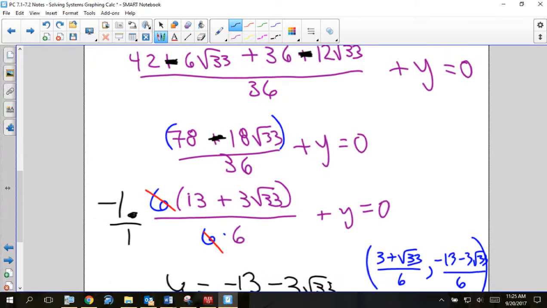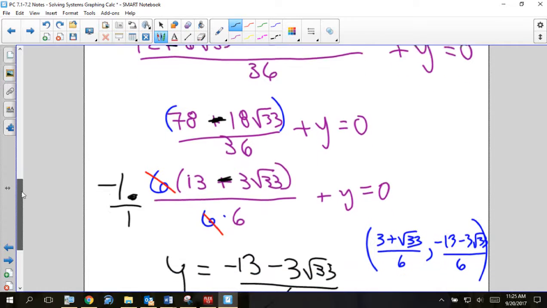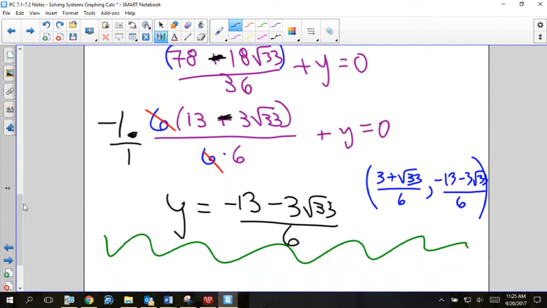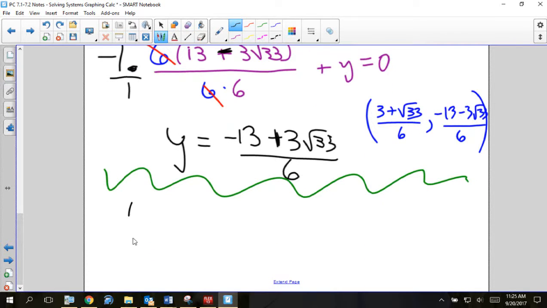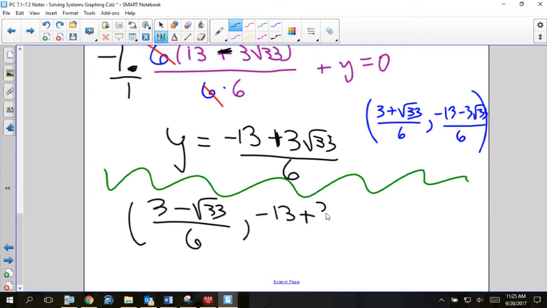And then when I factor out that 6, it's still a minus right here. And when I move the stuff to the other side, it just becomes a plus. So that was the only difference. My second one now is 3 minus radical 33 over 6, comma, negative 13 plus 3 radical 33 over 6. Unless I made a mistake somewhere, which is always possible.